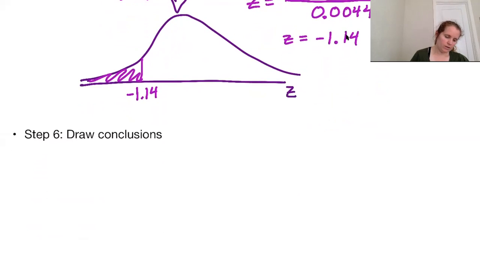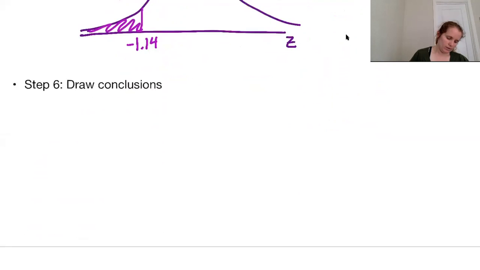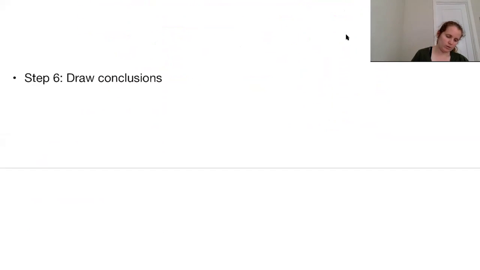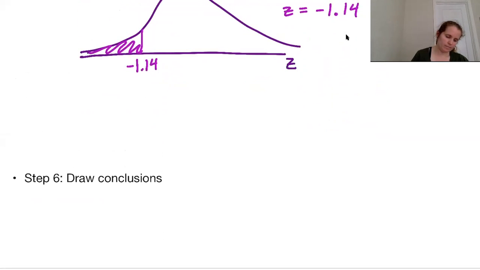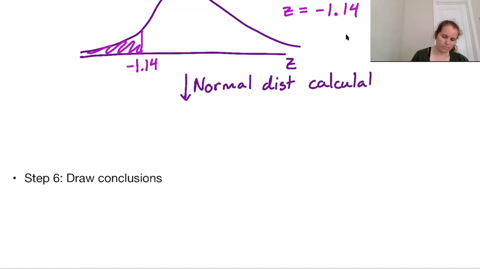From here, we use our normal distribution calculator in Canvas.